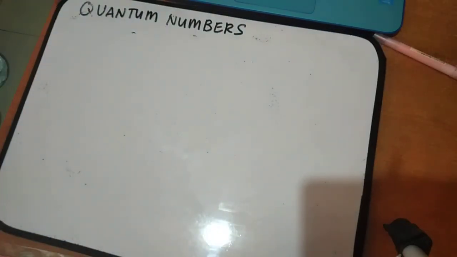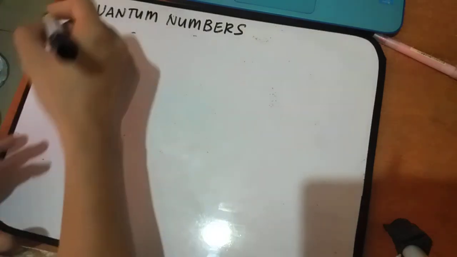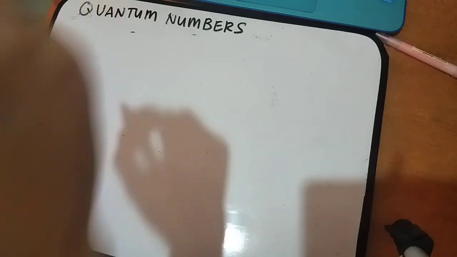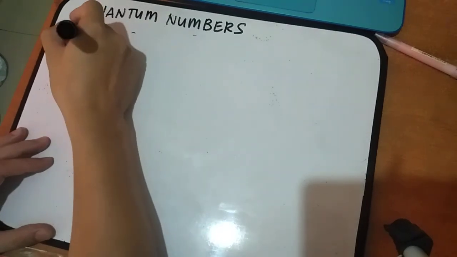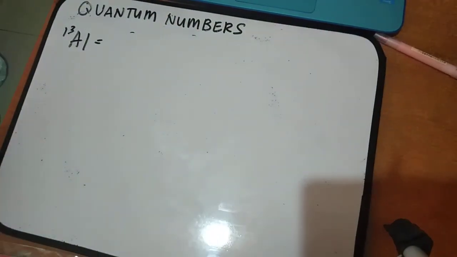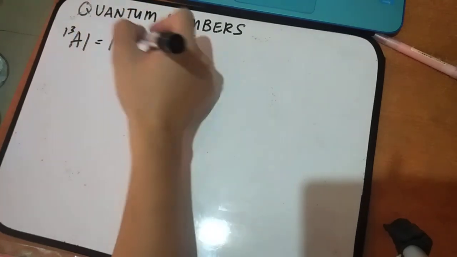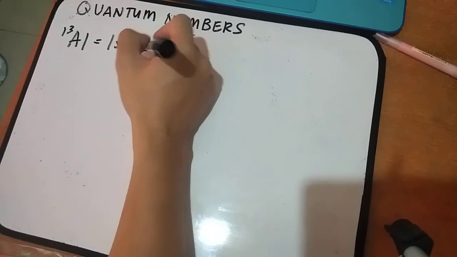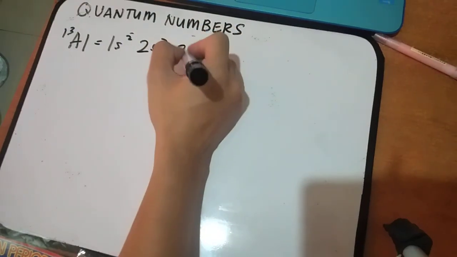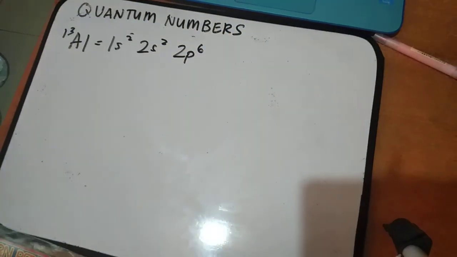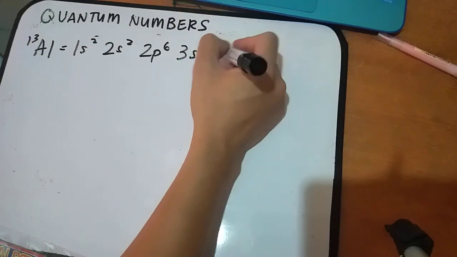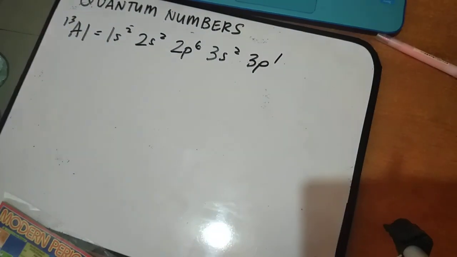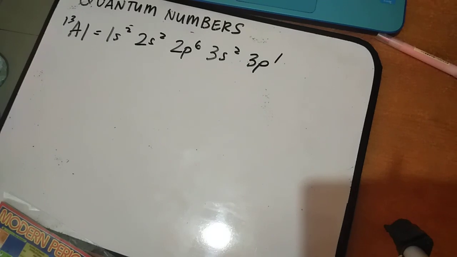So gawa naman tayo ng iba. So gawin natin yung aluminum. That is aluminum 13. So Al 13. Electron configuration would be 1s2, 2s2, 2p6, 3s2, 3p1. Okay? So, titingnan natin yung last.